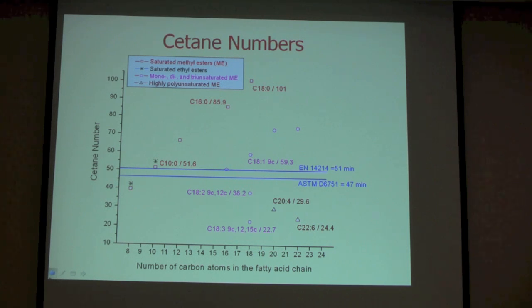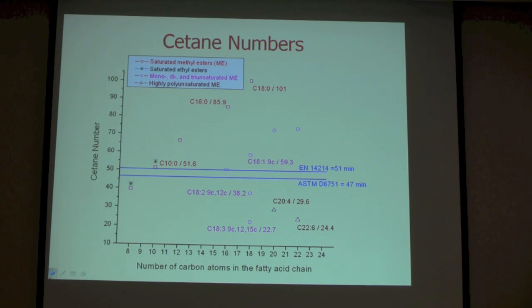You'll see that, for example, methyl oleate, the C18 with one double bond in the chain, also has a cetane number above the specifications. Two of the other common components in biodiesel, the C18:2 and the C18:3, methyl linoleate and methyl linolenate, are actually below the specifications.